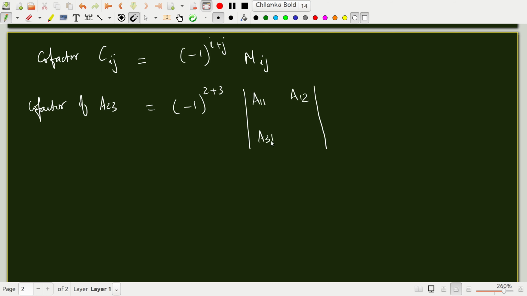This is minus 1 to the power 5, since 2 plus 3 is 5. So this is the cofactor C23.